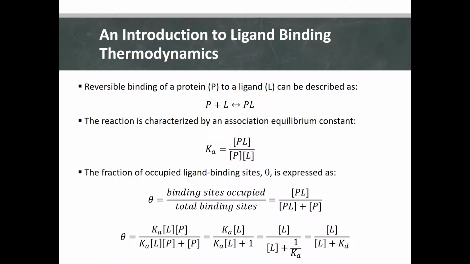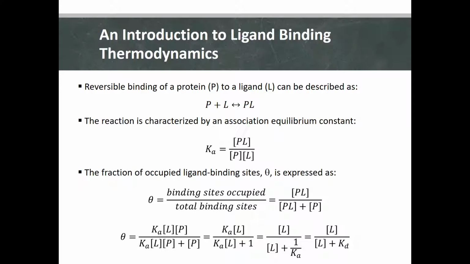Now we're going to pivot to looking at the thermodynamics that describe ligand binding to a protein. Here, we're going to walk through a little bit of math, but the point is to get you to understand how to interpret some of the properties that are commonly used to describe the strength of interaction between a protein and a ligand.